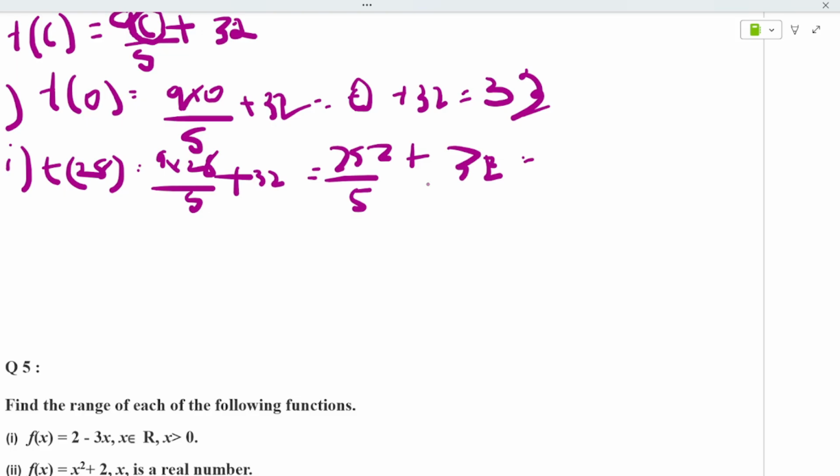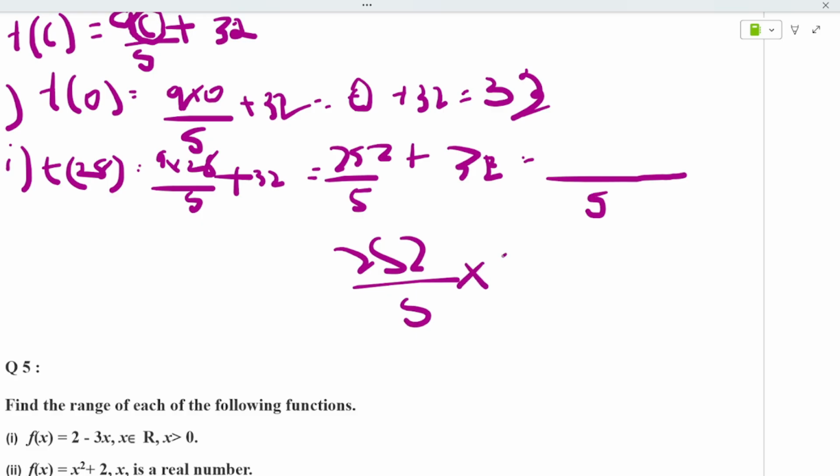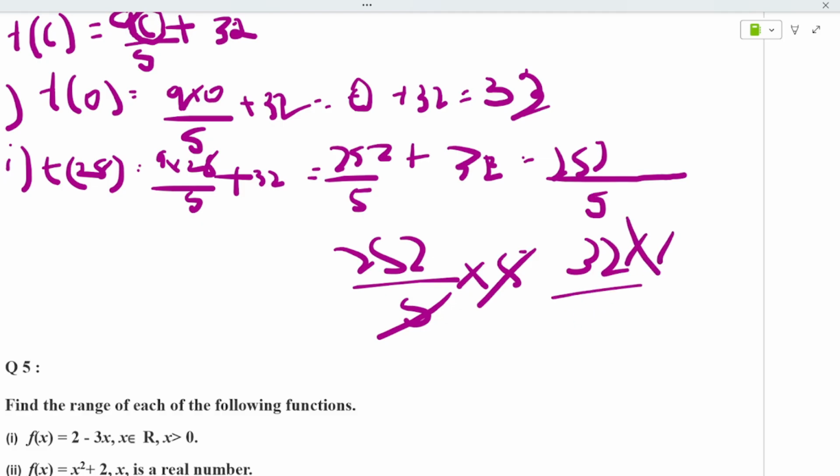If you want to combine, you have to take the LCM, which will be 5. I hope you know how to do LCM. Here 5 and 5 will get cancelled and 252 will be remaining. But as there is no denominator for 32, you have to multiply by 5. 32 into 5 will give you 160.